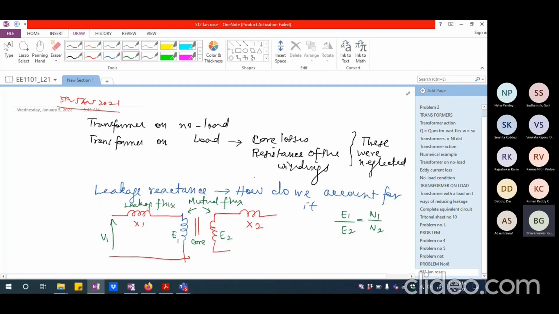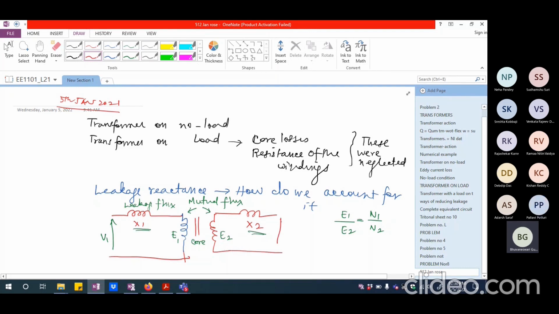And the leakage flux drop, whatever is the additional voltage which is only corresponding to one member of primary or secondary, we call that as the leakage reactance drop. So we indicated that with X1 in the primary side and X2 on the secondary side. And we basically said that after this drop, whatever is left over here will be V2, which is actually the secondary terminal voltage or the load voltage.